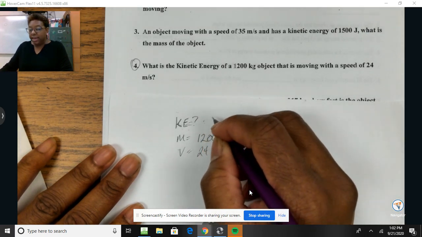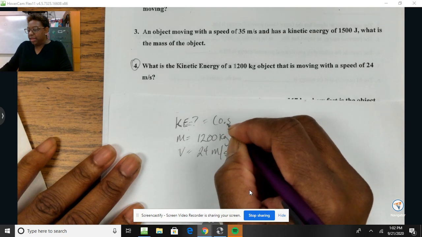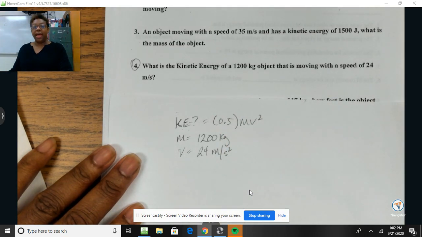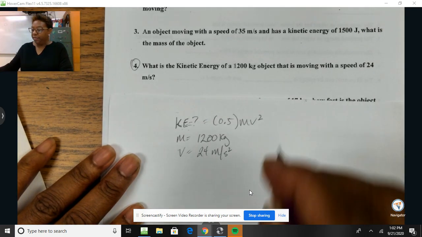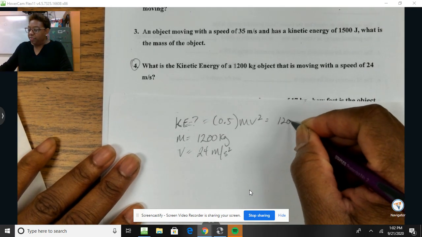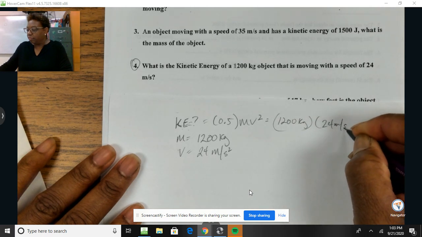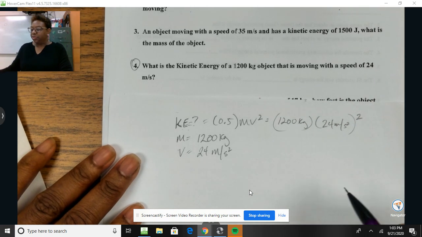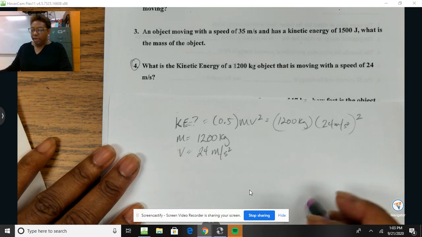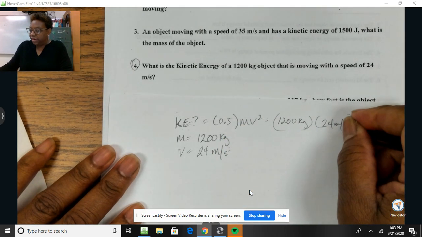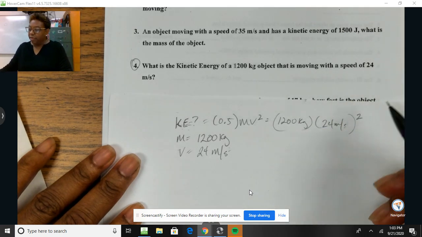Our equation for kinetic energy, I'm going to plug it in like this: 1/2 mass times velocity squared. So when we plug in our values, we have to make sure that's not squared. It's not acceleration, that's just velocity. Sorry about that.